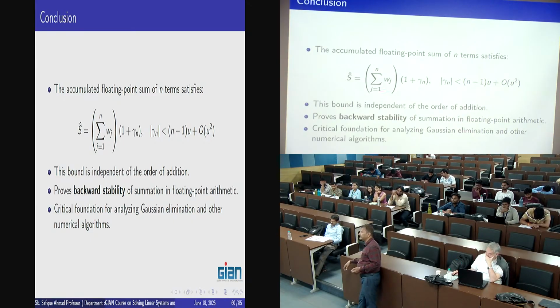If you do it this way, your calculation is numerically stable. This bound is independent of the order of addition, and this proves backward stability of summation in floating point arithmetic. Like you were told many times, in whichever way we multiply or add, this is the way to do the calculation and you will get backward stability.